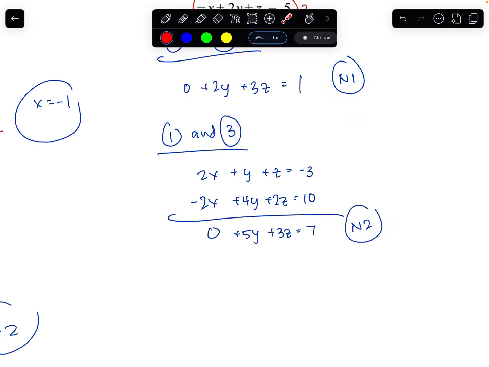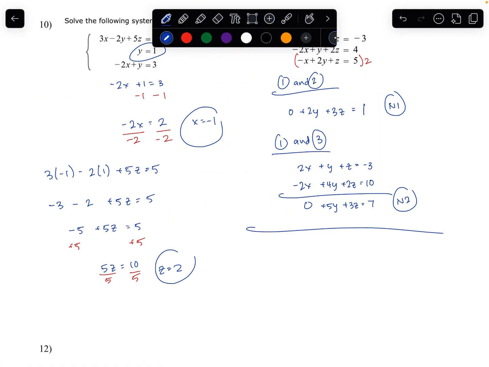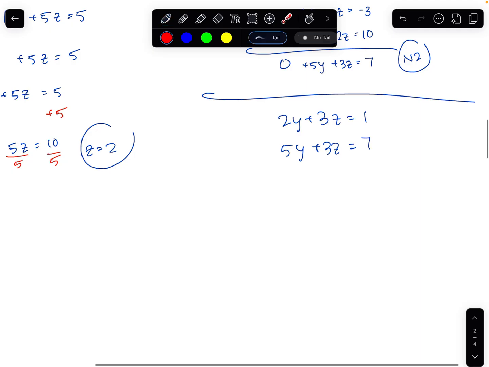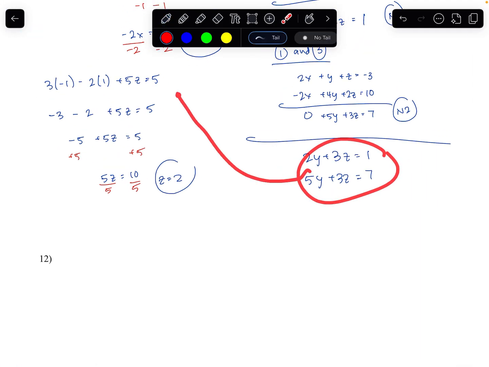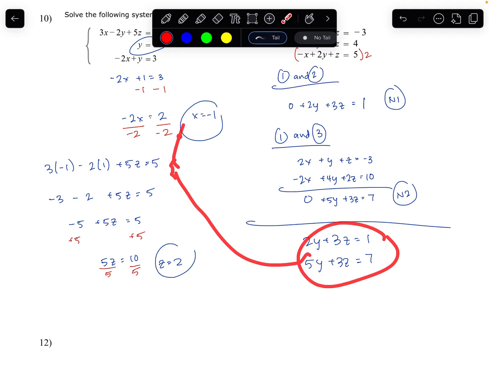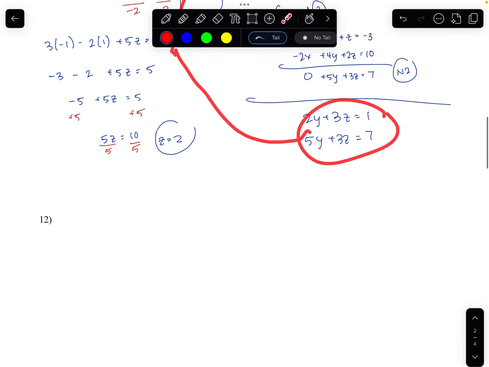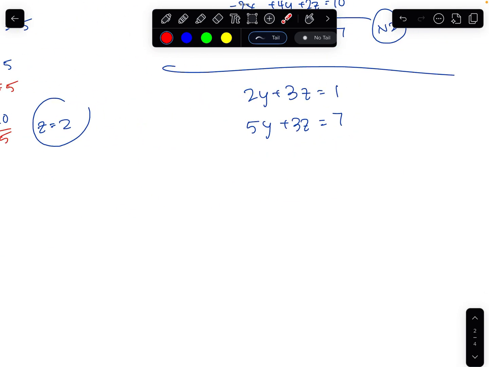So my new system of equations is going to look like 2y plus 3z equal to 1, and 5y plus 3z is equal to 7. And now I'm going to treat this system of equations just like I treated it with the one all the way up here, where I'm going to get rid of either y or z.